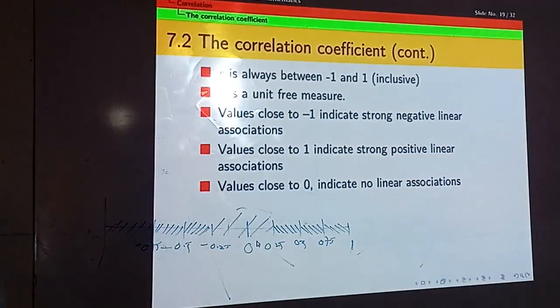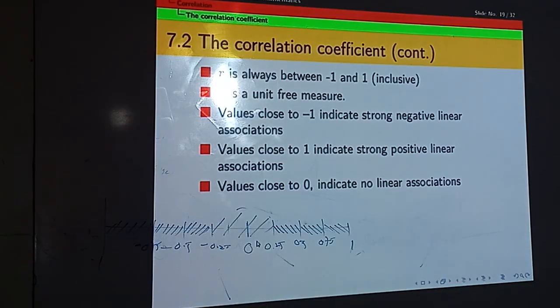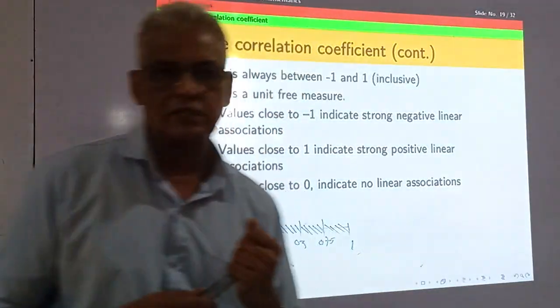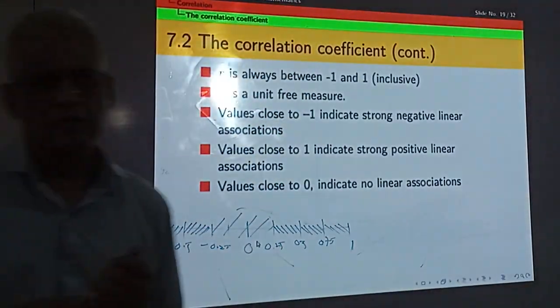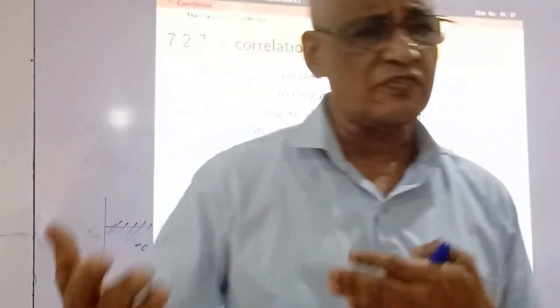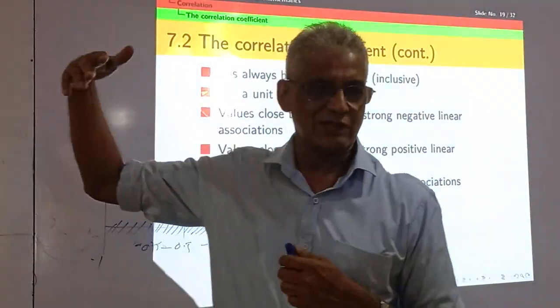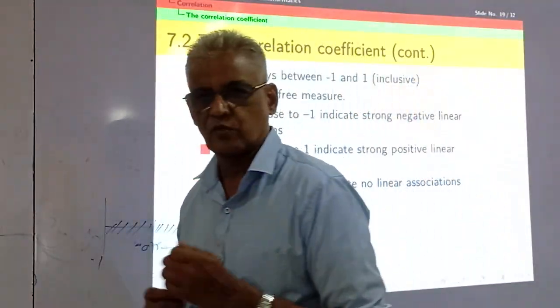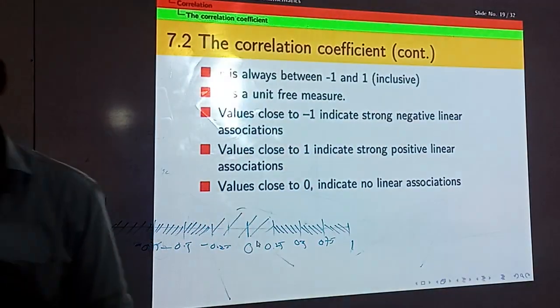But that is not a universally accepted one, right? Because it depends on the discipline also. In sciences, usually this is the definition, this is the interpretation. But sometimes in social sciences, it's very difficult to get large R values, especially when the data are coming from observational studies.